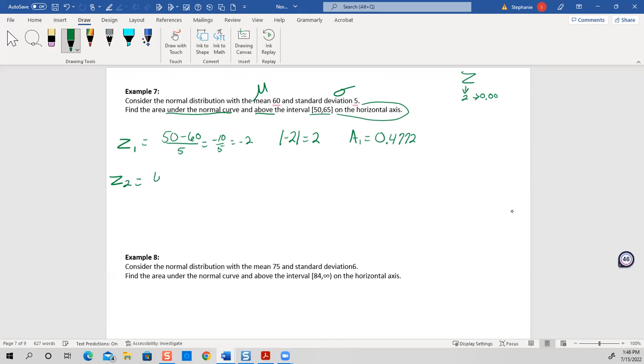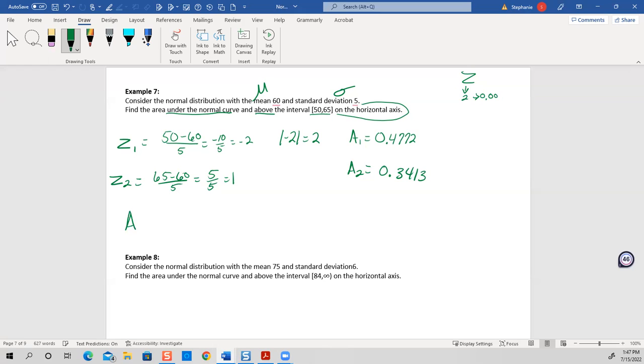Now let's find the second one. The second one is 65 minus that 60 over 5, which gives me 5 over 5, which is 1. And so we're going to go to the z-table and find the area of that one. And the area of that one is going to be 0.3413. Okay, so now we're going to give the answer of the total area for it.